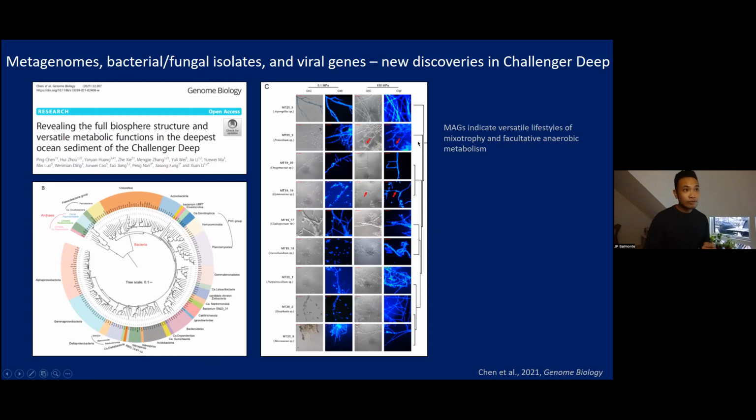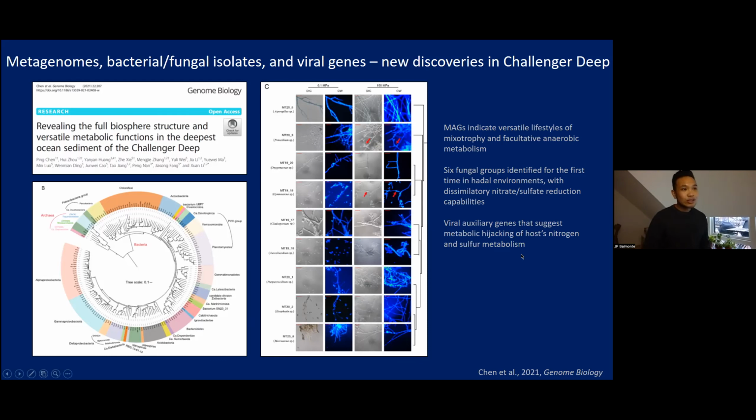Essentially just a few highlights. They show very versatile lifestyles based on metagenome assembled genomes, versatile lifestyles of mixotrophy, as well as facultative anaerobic metabolism. And that's because they need to be able to rely on these anaerobic metabolisms due to the rapid depletion of oxygen. They also show some fungal groups that have been identified for the first time in hadal environments.